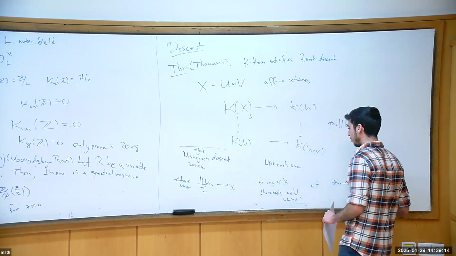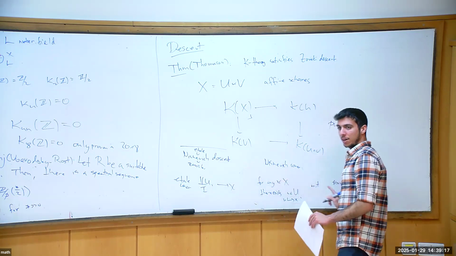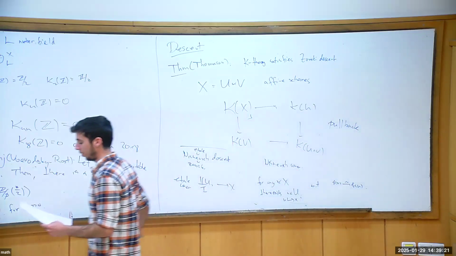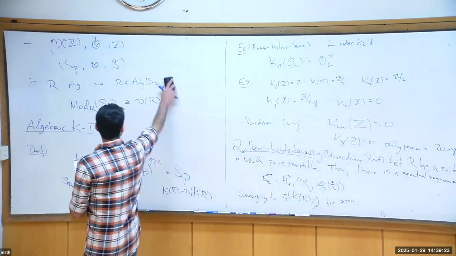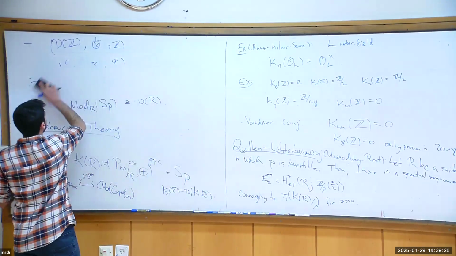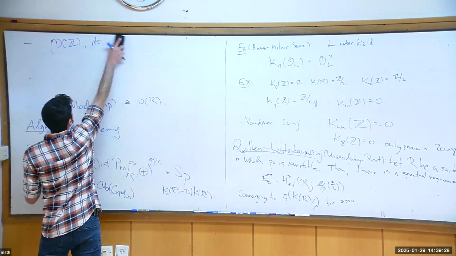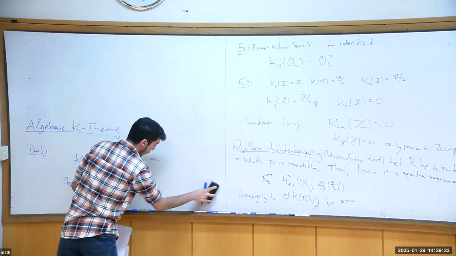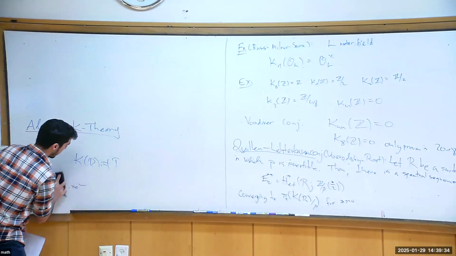So this tells you that it is a Galois extension. And it's formally true that if you satisfy Galois descent and Nisnevich descent, you satisfy étale descent. And notably, K-theory fails to satisfy Galois descent.